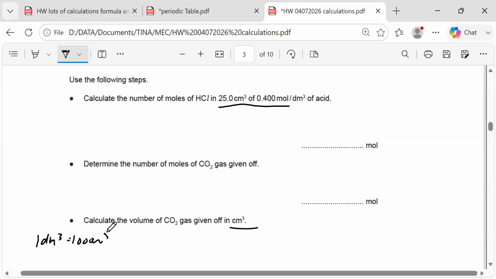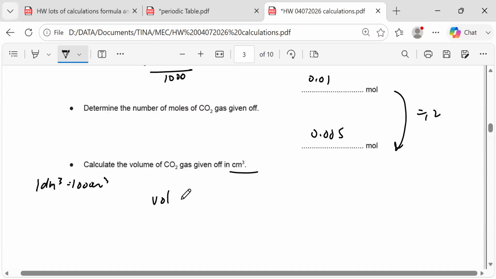Do the next question. Okay, everybody got 0.01 here. Here to here is divided by 2, right? 0.005. Okay. Volume equals moles multiply molar volume.